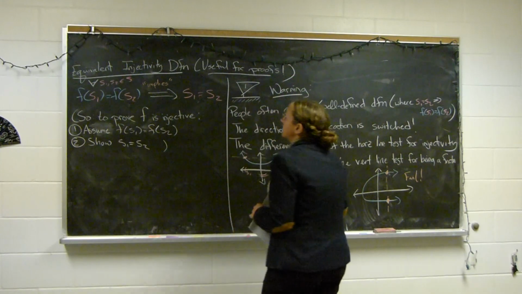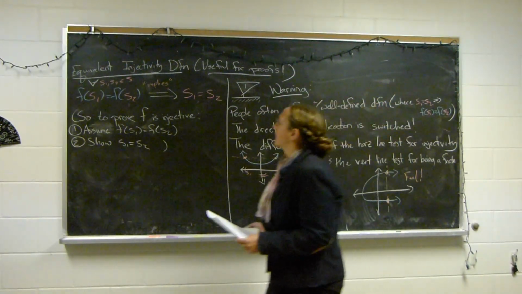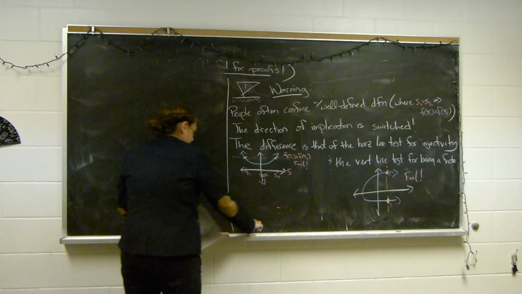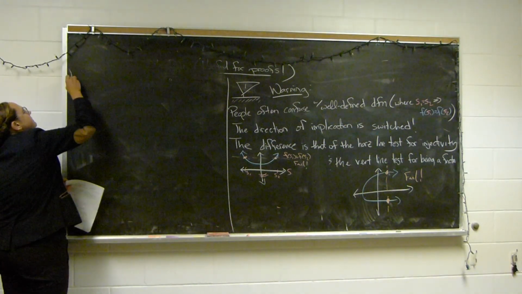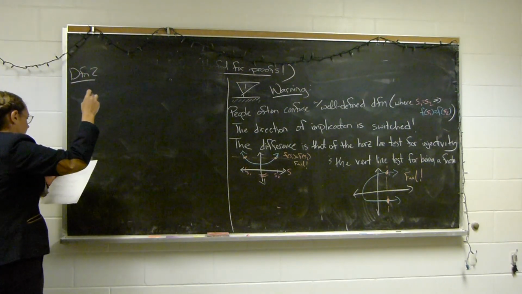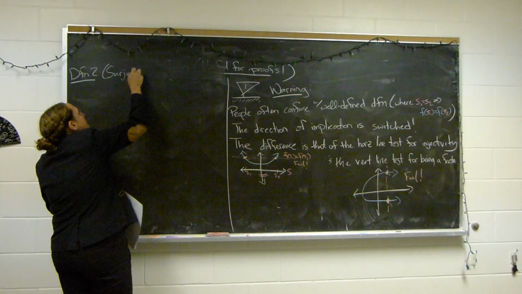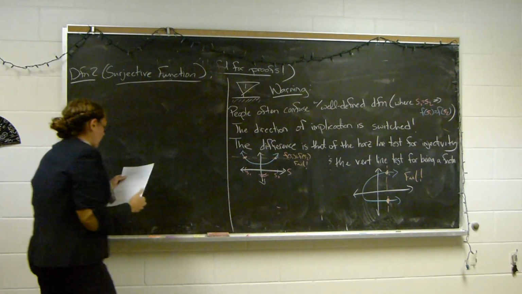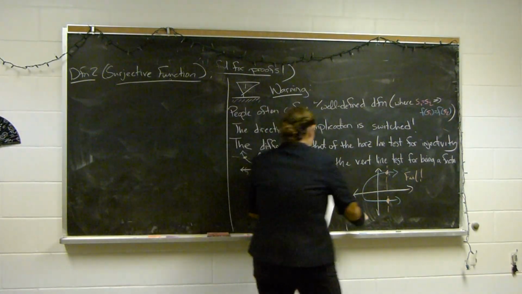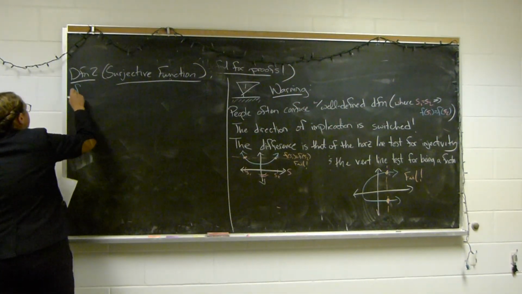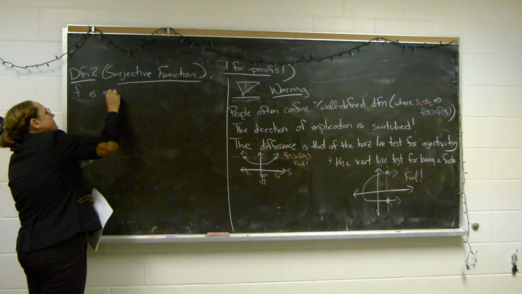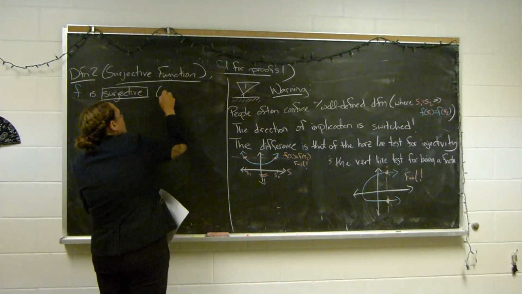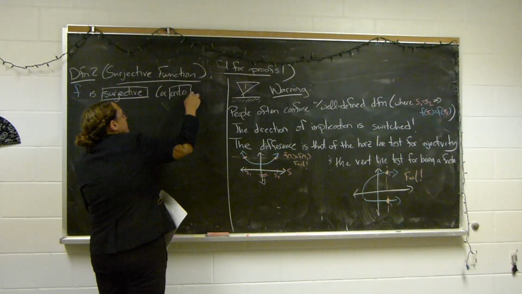So here's the next definition, and we're still under the assumption that f is a function from S to T. We say that f is surjective, or another word for this is onto, just like in the other circumstance.